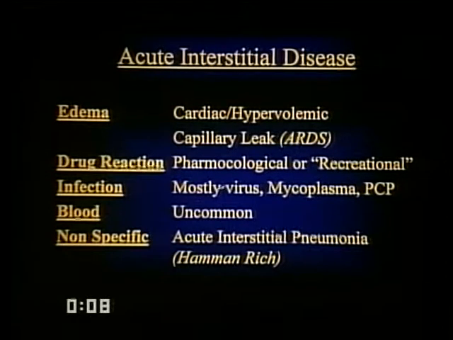Most of the interstitial infections will turn out to be viruses or mycoplasma, or, depending upon one's geographic location, PCP infection. It's very uncommon for blood to give interstitial disease acutely, though as hemorrhage in the lung is resolving, it may produce an interstitial abnormality.